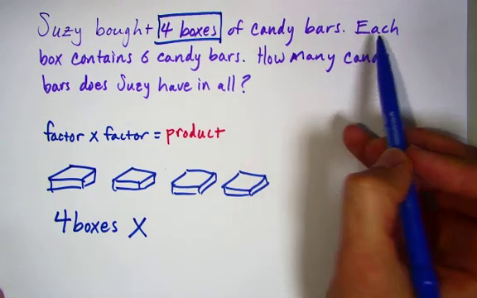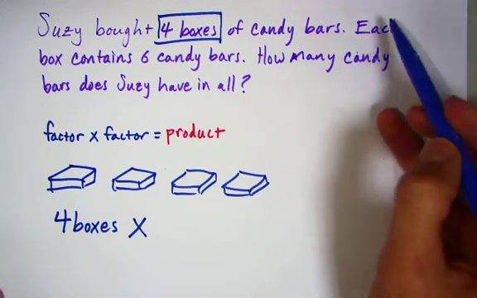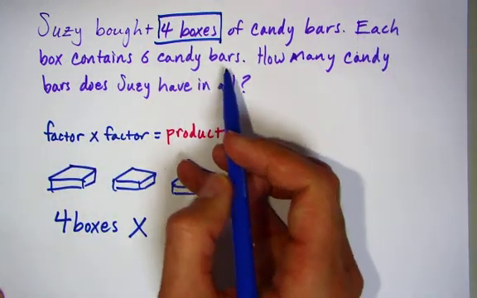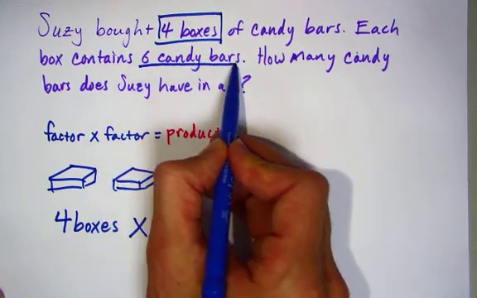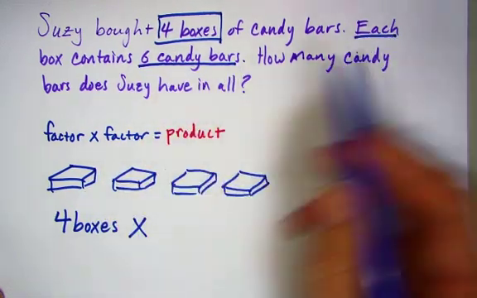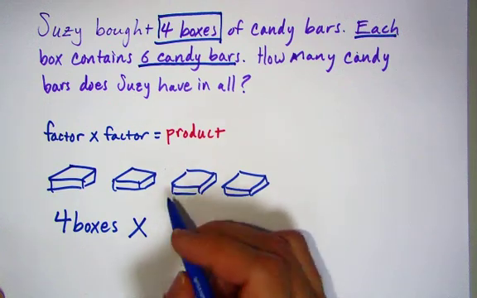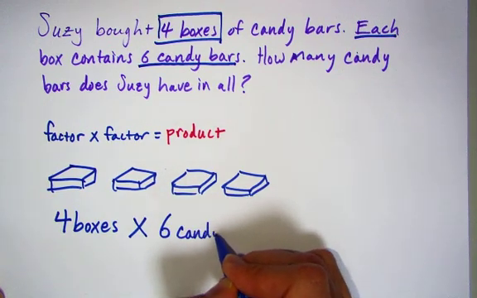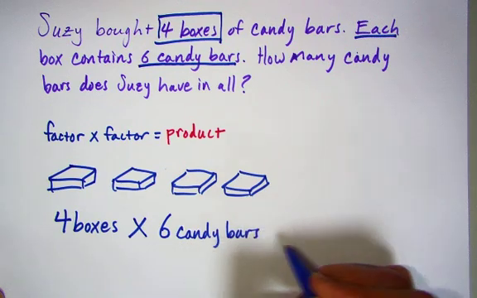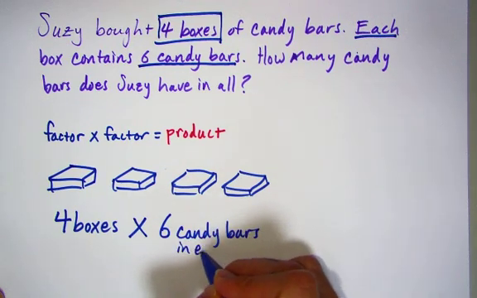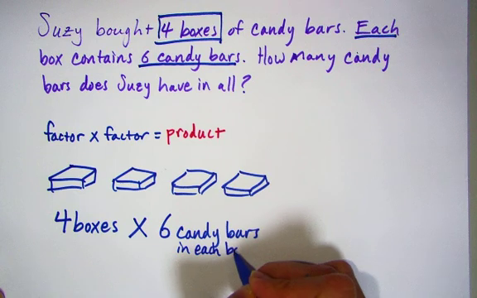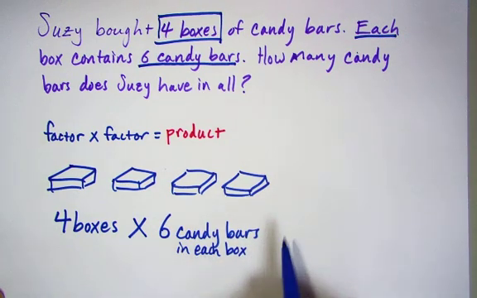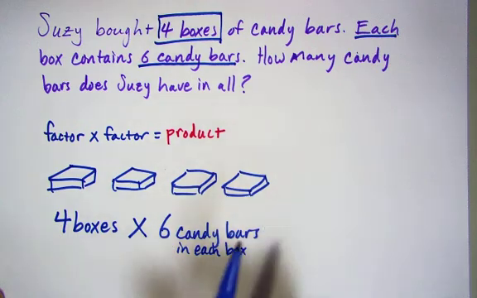Then I go to my next sentence, back up here at the story problem. Each box contains 6 candy bars. Well, here we go, 6 candy bars in each box. So I'm going to write 6 candy bars in each box. It's very important that we put in each box because there's not just 6 candy bars.